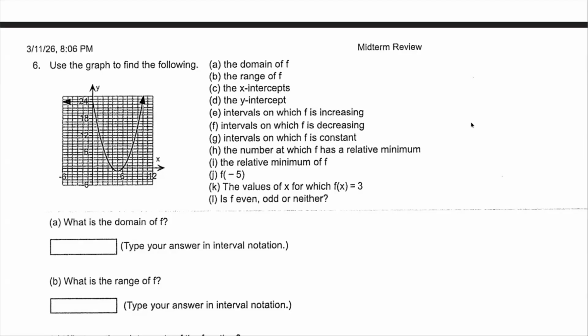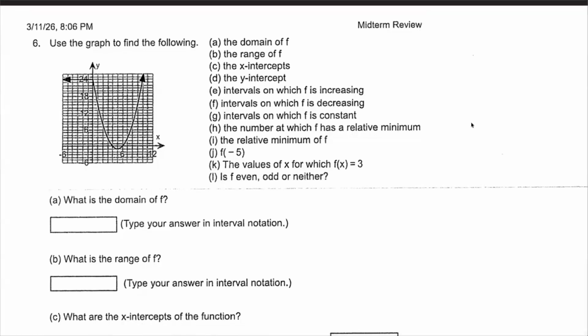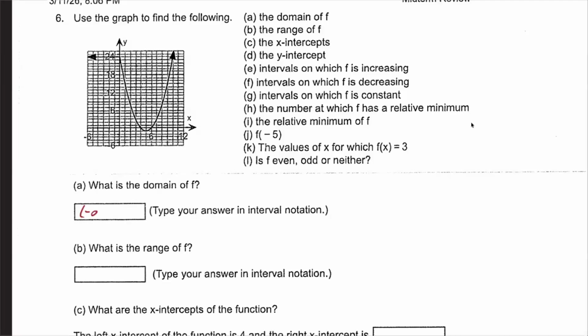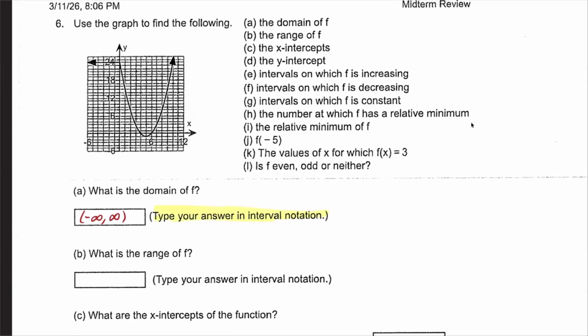And on the right-hand side, it's not only going upward, but it's going outward forever. So the domain contains all real numbers. And we write that by saying the domain goes from negative infinity to positive infinity in interval notation. Always read the instructions. Type your answer in interval notation.